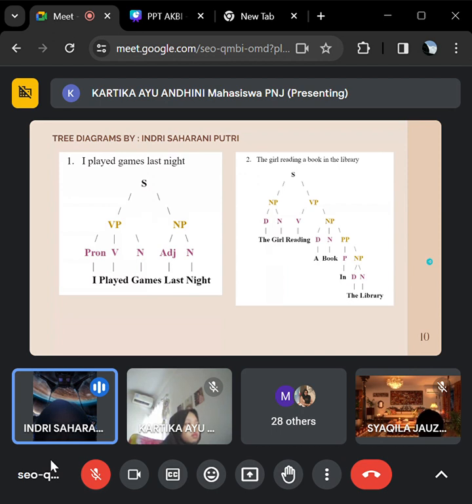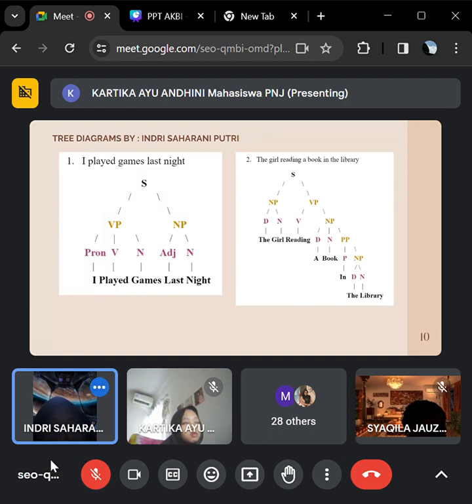The second sentence is: the girl reading a book in the library, divided into noun phrase and verb phrase. In the noun phrase, there are determiner and noun. The as determiner, girl as noun. The verb phrase is divided into verb and noun phrase.